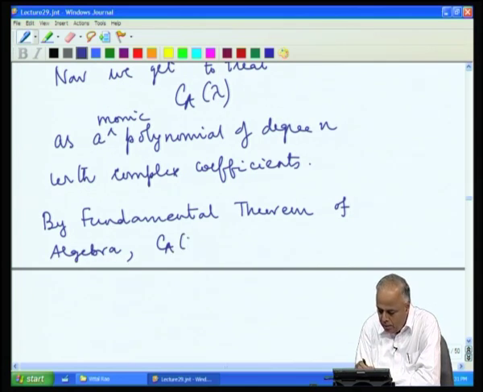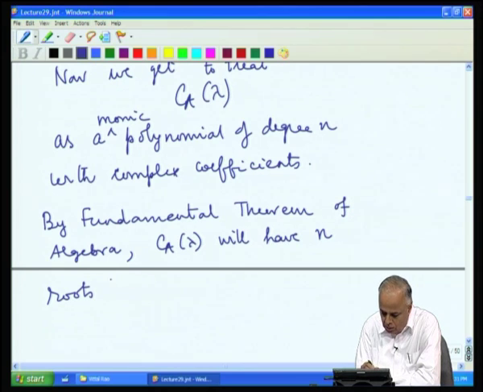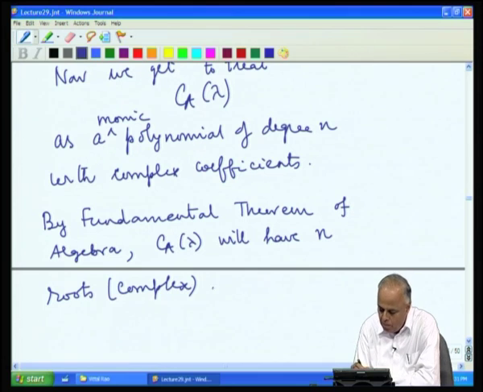C_A(lambda) will have n roots, the roots may be complex, some of them may be repeated.